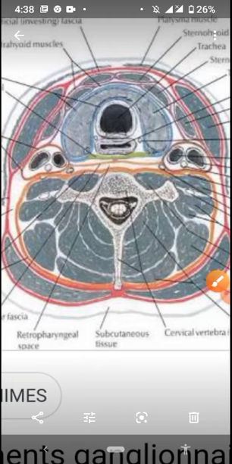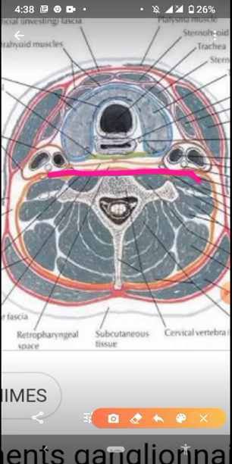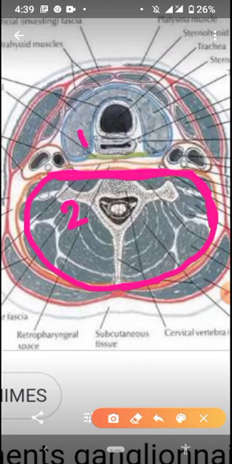Now we are going towards the third one. It encloses all the way and divides this portion into two sections, and this is the prevertebral layer.